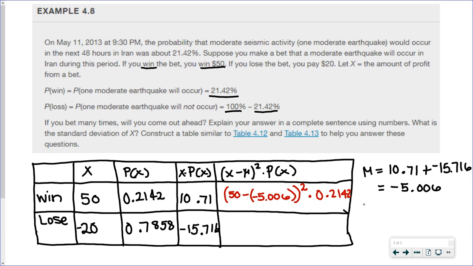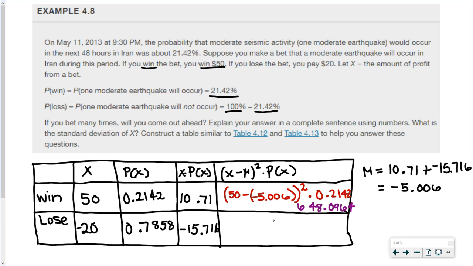So we type this up into our calculator, and when I type this in, I get 648.0964.